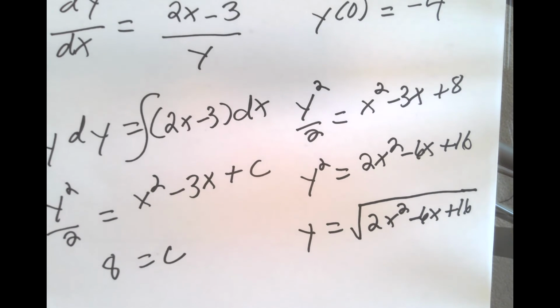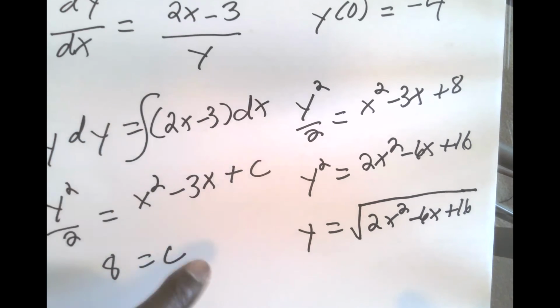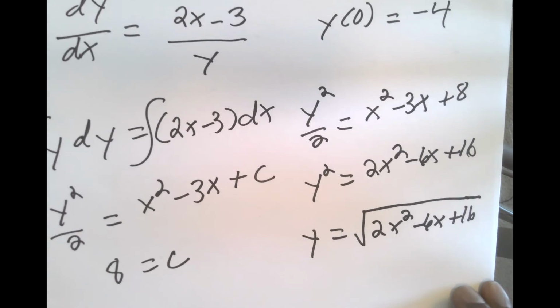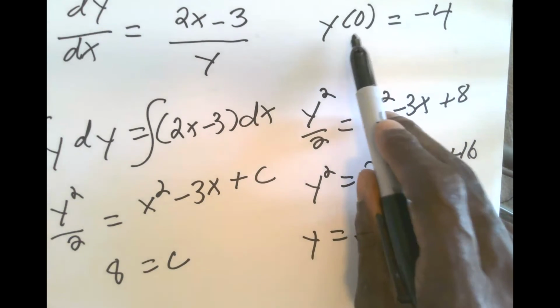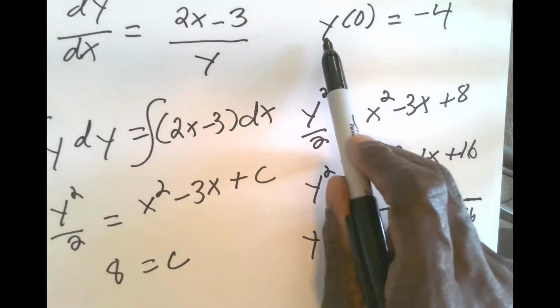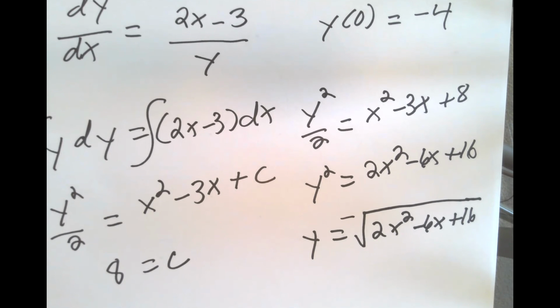And sometimes, for our AP calculus people, you'll see multiple choice questions where one answer would be the square root of 2x squared minus 6x plus 16, and the other answer choice will be negative square root of 2x squared minus 6x plus 16. I've seen this before. And the deal is you've got to utilize your initial condition to understand what branch you're using. Now, if it said y of 0 equals +4, the positive one would be my answer. But the fact that it says y of 0 equals -4, I need that negative sign there.